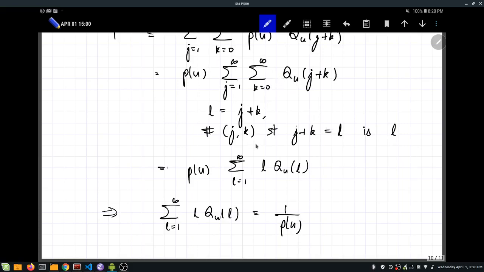So this summation can instead be written as the sum over L equal to 1 to infinity of L times q_u of L.